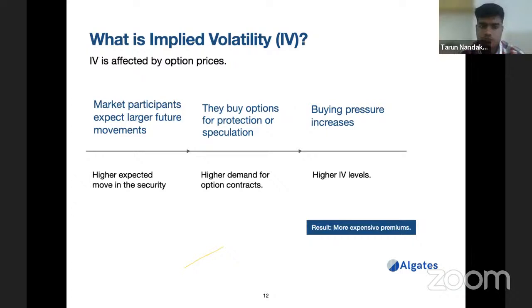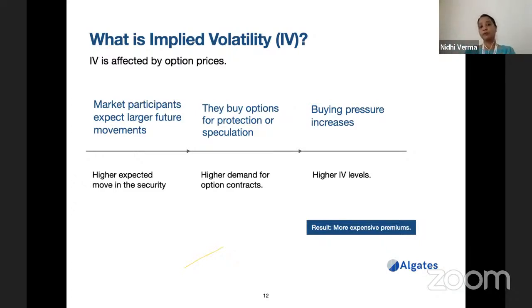Why? First, they are speculating: they are expecting a larger move in the underlying stock, so they think they will make good money by buying options. Or for protection: suppose they are holding that stock, and if it goes against their position, they want to hedge it, so they start buying options.